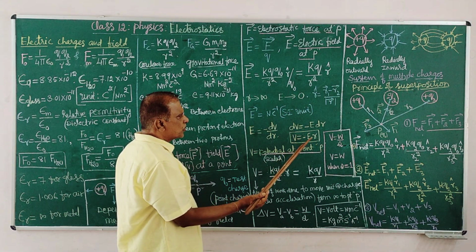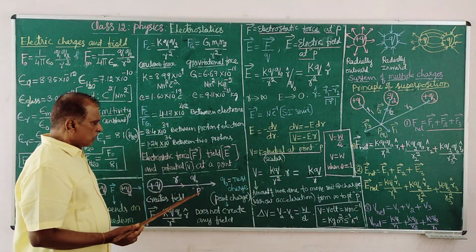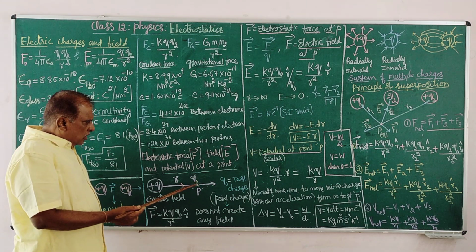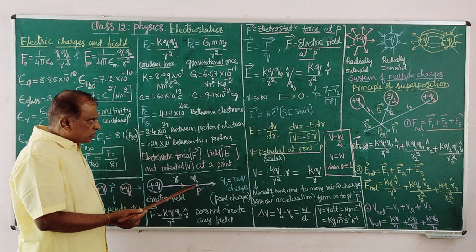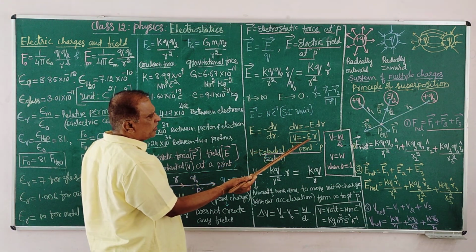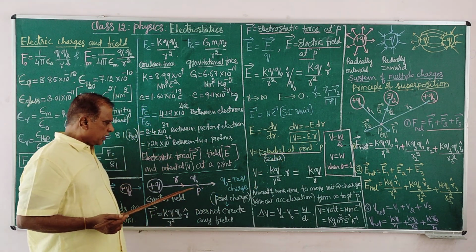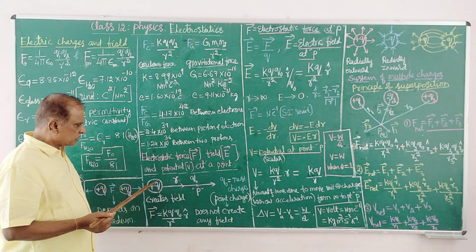V is equal to ER. The electric potential at this point is equal to the product of field into R, the distance.